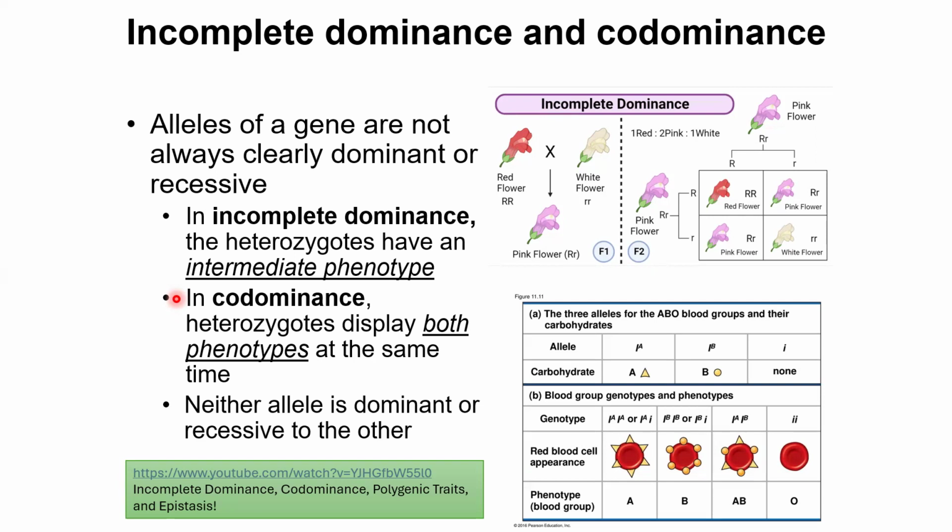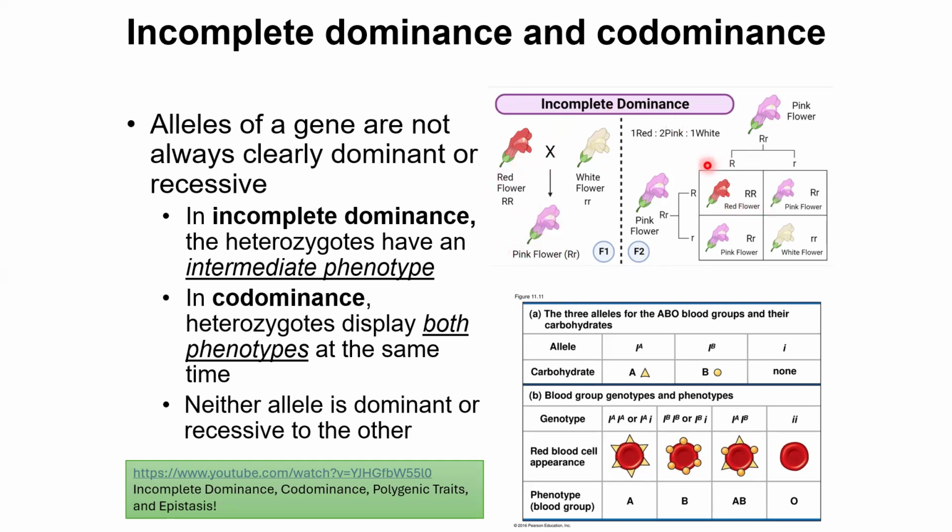In incomplete dominance, they end up with an intermediate phenotype, like these flowers where they are red and white, but when crossed together, they end up with a pink flower for the heterozygotes.